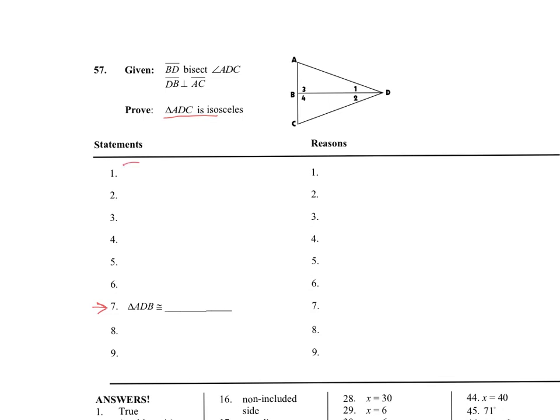So the first thing is that segment BD bisects angle ADC, and that is given.